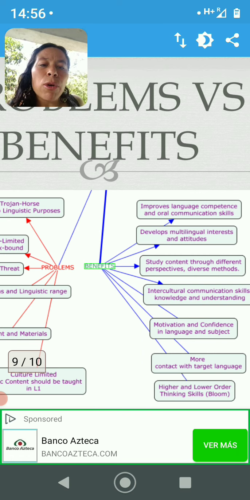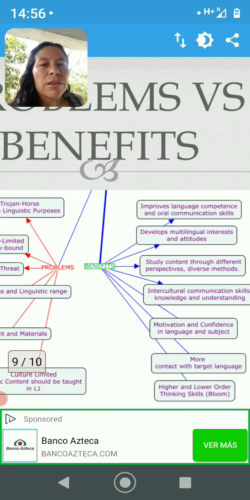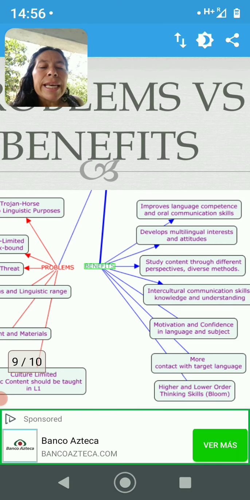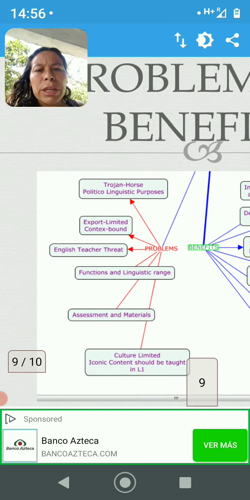It develops multilingual interests and aptitudes. It studies content through different perspectives and diverse methods. Intercultural communication skills, knowledge and understanding, motivation, confidence in language and subject. You have more contact with the target language, since subjects are learned in the target language, and it develops both higher and lower order thinking skills, as in Bloom's theory.